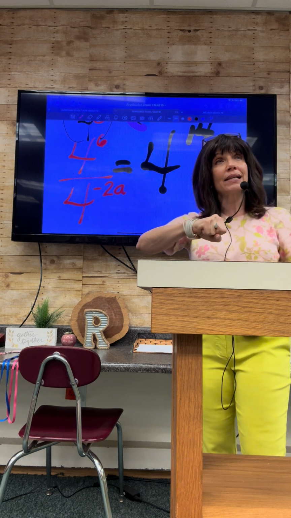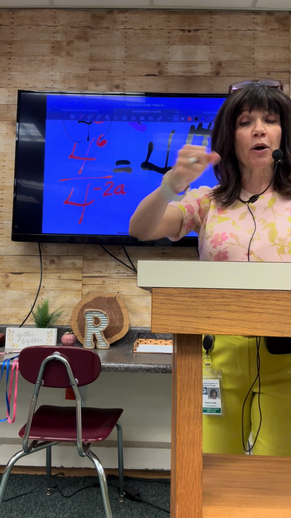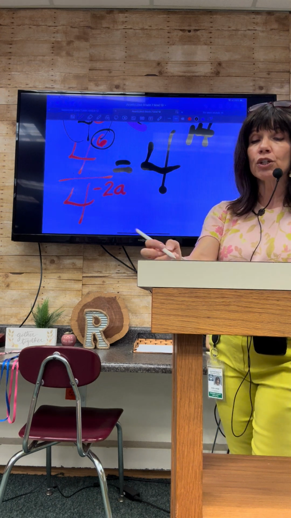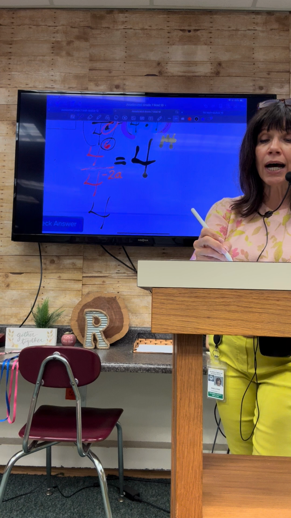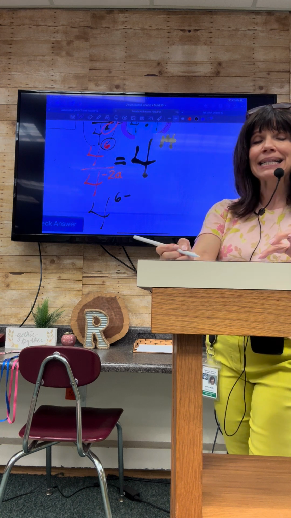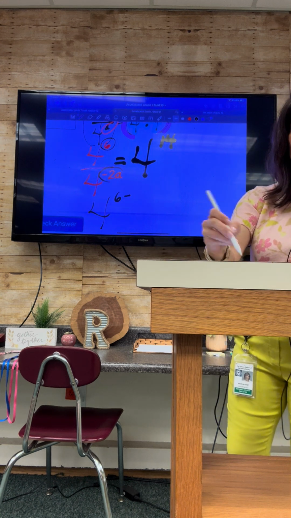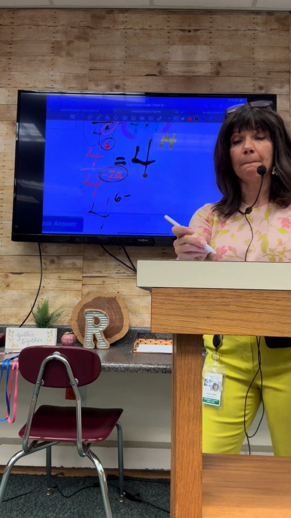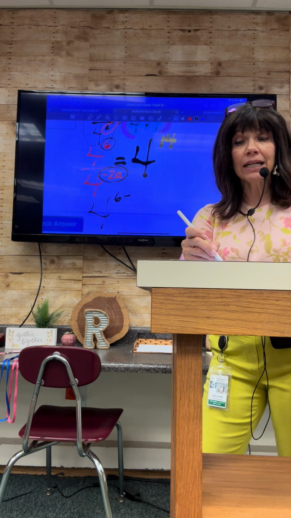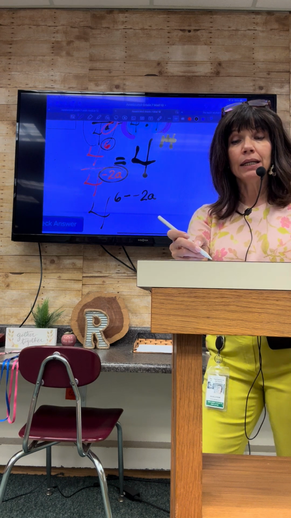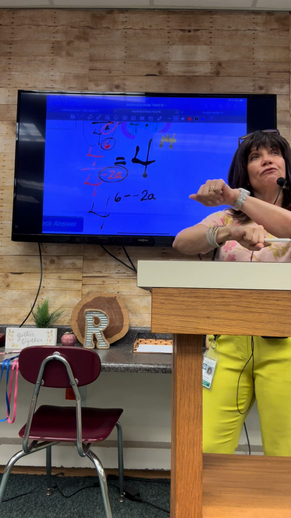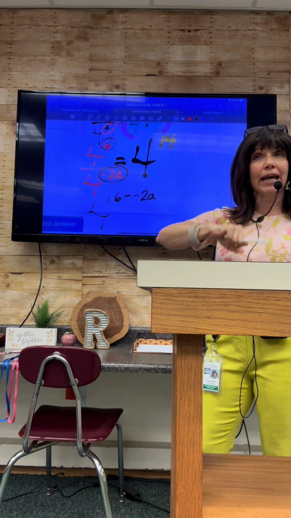Now remember this. When dividing same bases, subtract the exponents. So I want you to write, first of all, circle the 6. So I'm going to do 4 to the 6 minus, and now write what you see after that. What is underneath that fraction bar for the exponent? Minus 2a. Now remember, because this is a divide by bar and we're dividing same bases, subtract the exponents.